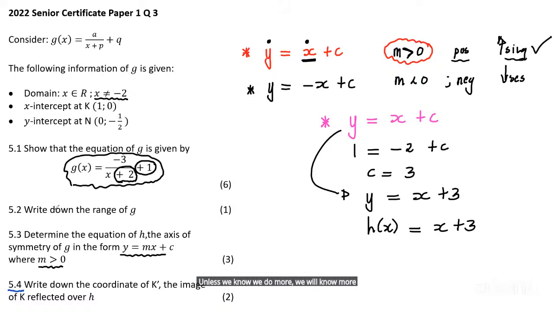Now 5.4. What do they want? Write down the coordinates of K1. Who's K1? K1 is the image of K. Who's K? K is (1, 0). K1 is the image of K reflected over h.